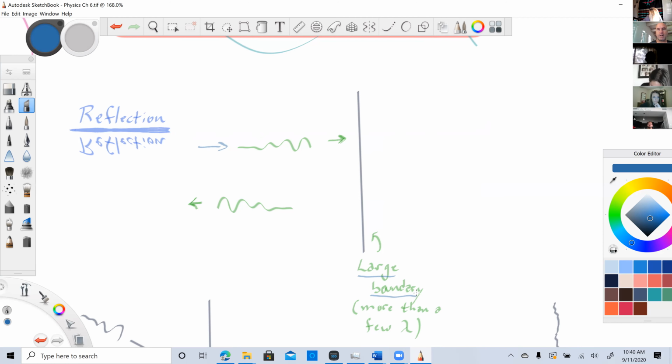The wall of the carotid artery, so you have your common carotid over here. That is a wall, and that is a large boundary. So sound is reflected, and you'll notice when you look at the carotid artery, it's very bright.